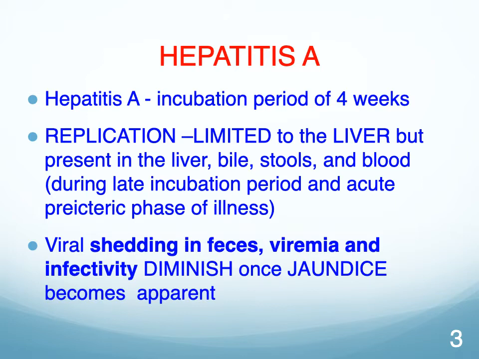The viremia and the infectivity diminish once jaundice becomes apparent, meaning to say, when the patient experiences vague right upper quadrant pain, he or she is shedding the virus during that time, and once jaundice sets in, the viremia and the infectivity diminish.